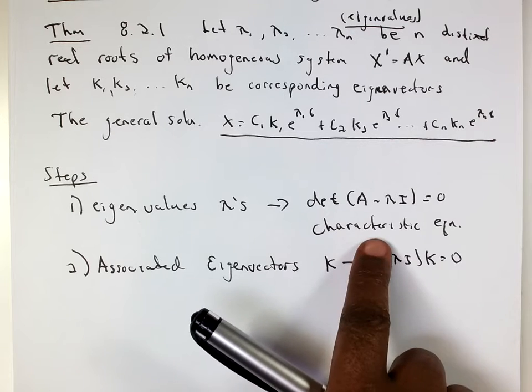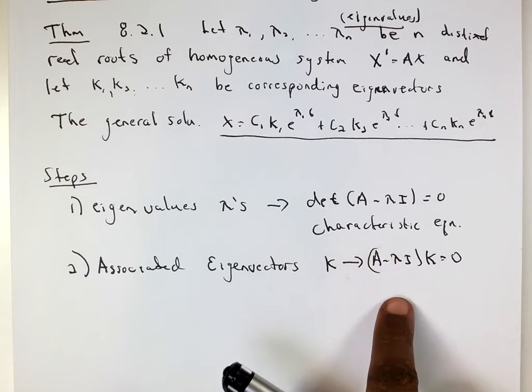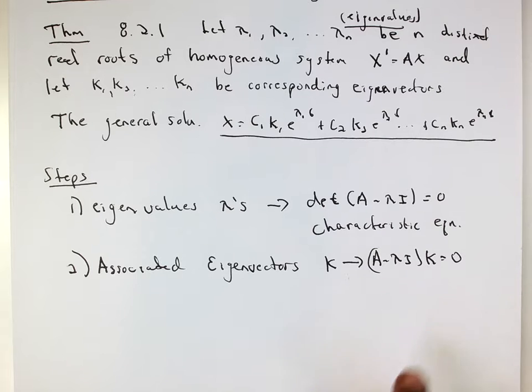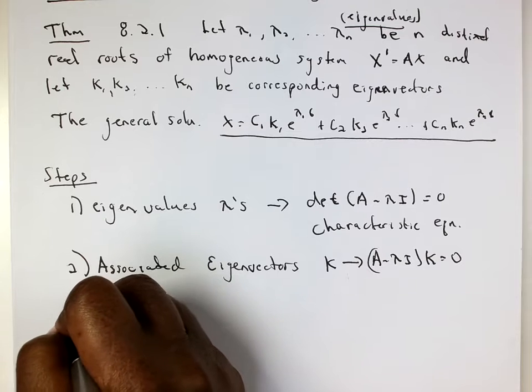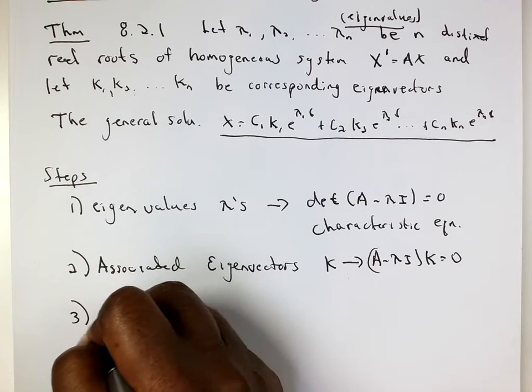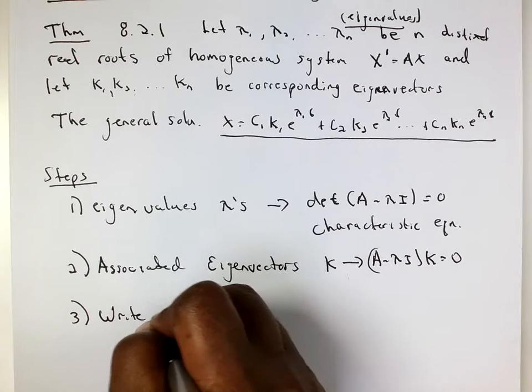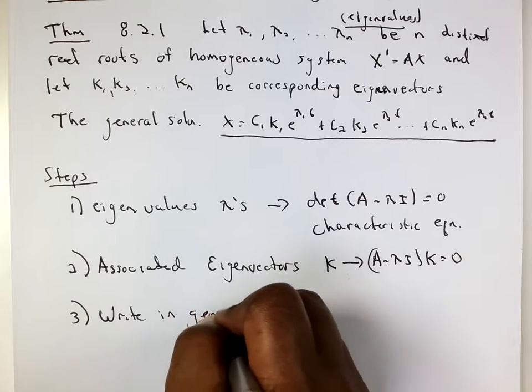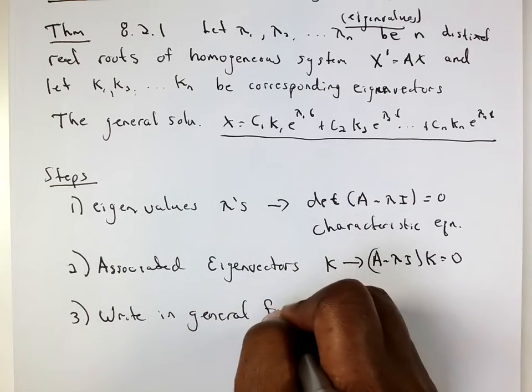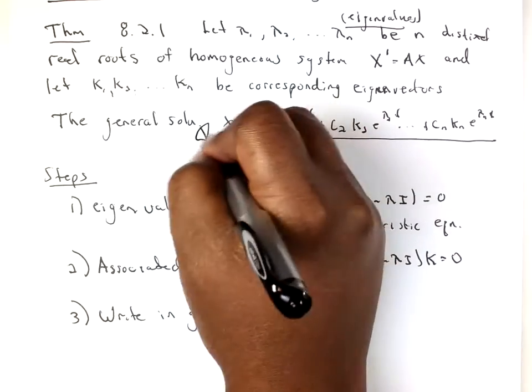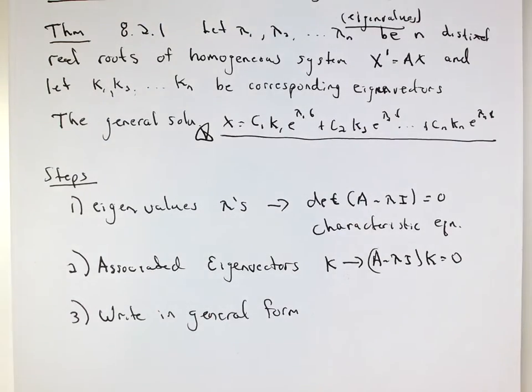Because we'll already have found the eigenvalues, times k is equal to 0. So we'll solve for those. And then lastly, we're going to write it in general form. So this is our general solution up here.